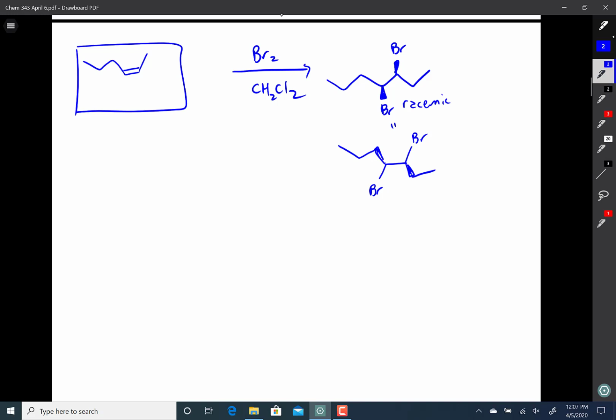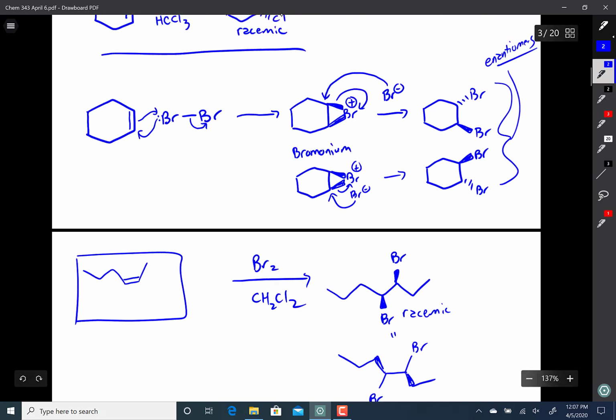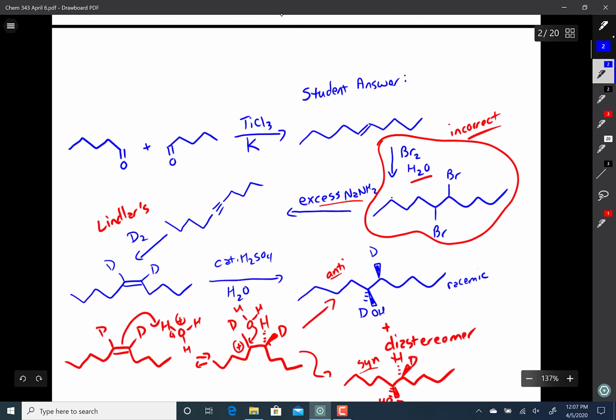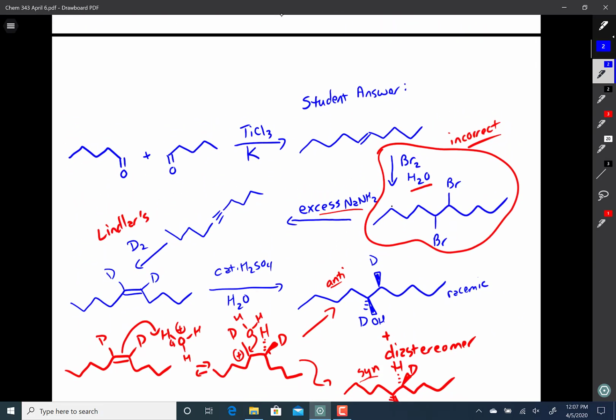So, let's scroll back to that student answer. One of the reasons why this answer is incorrect is the stereochemistry was neglected on these two bromides. One bromine is a wedge, the other one would be a dash.